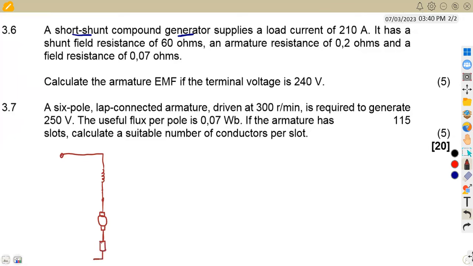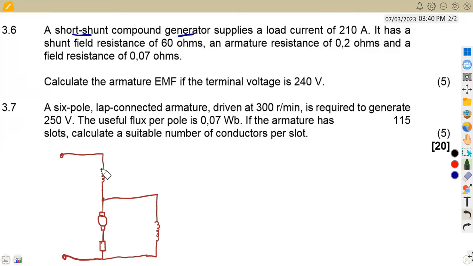All right, this is our armature resistor. Then this is connected in parallel to the shunt resistor, which is our field winding. That's for a shunt, but we are told it's a short shunt.